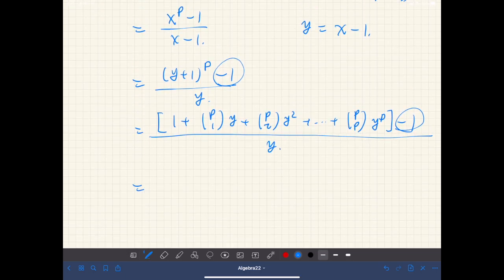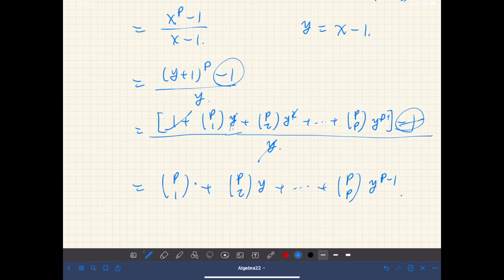Since this 1 cancels this minus 1, and every other term contains y, this y can be cancelled. And what we have in the end is p choose 1 plus p choose 2 y, and so on, and p choose p y to the power of p minus 1.